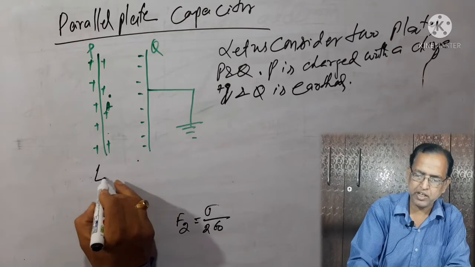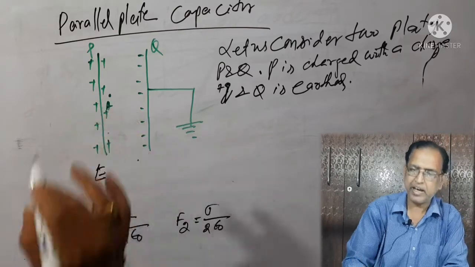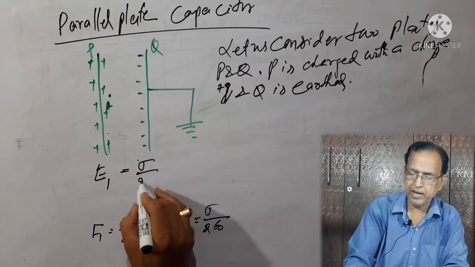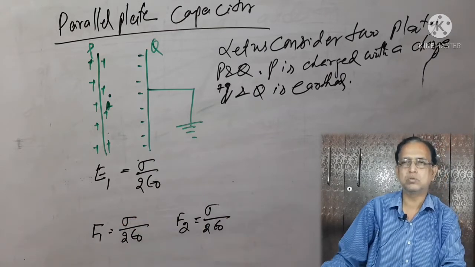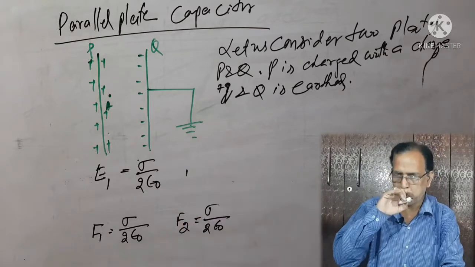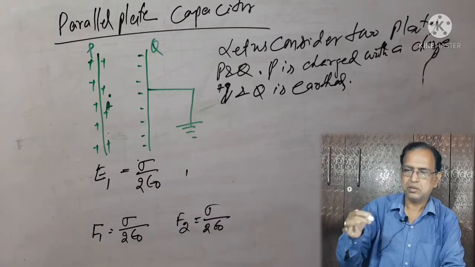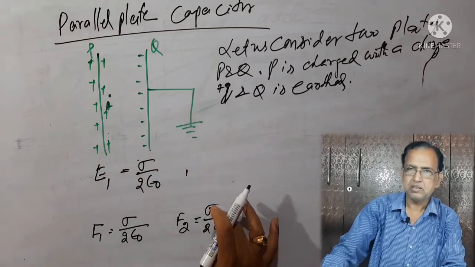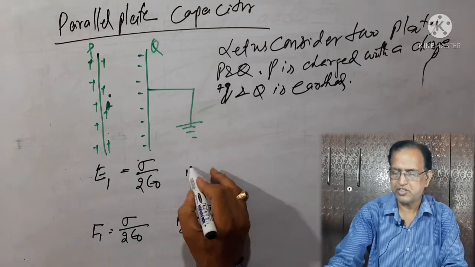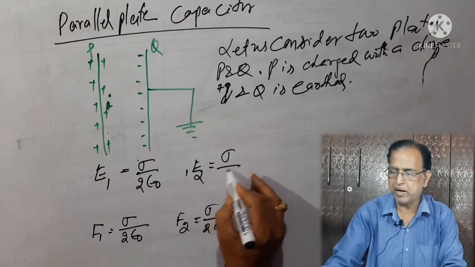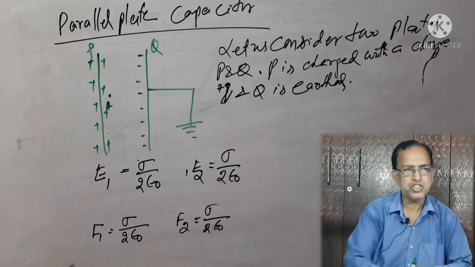So intensity at A due to P is also equal to sigma by 2 epsilon 0. And the force experienced by the charge due to Q is sigma by 2 epsilon 0, so the intensity due to Q is also sigma by 2 epsilon 0.